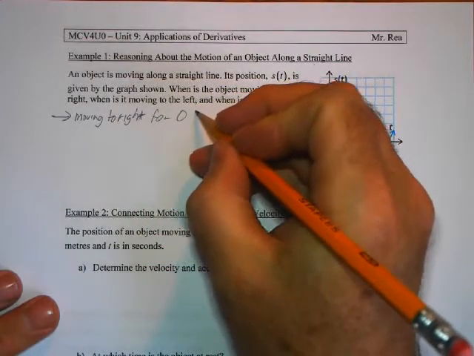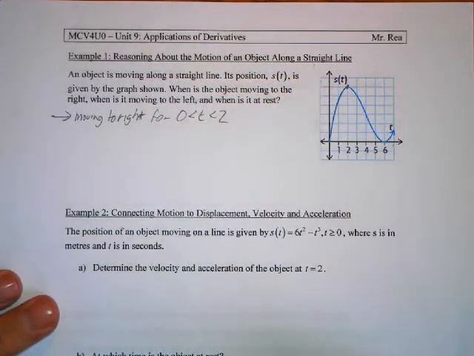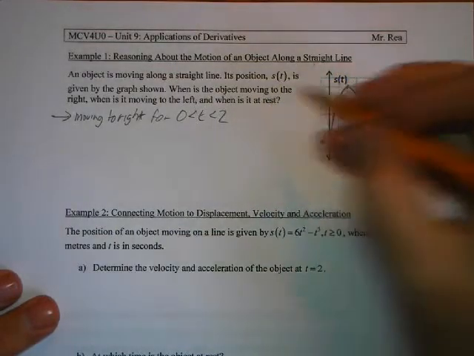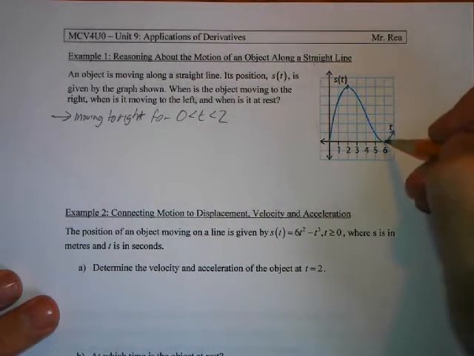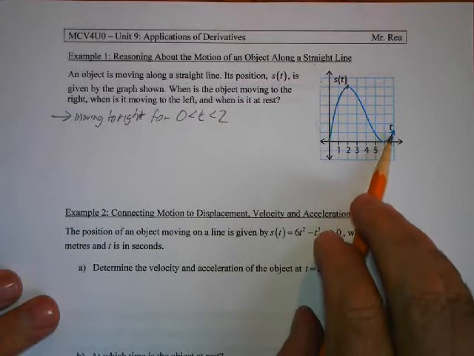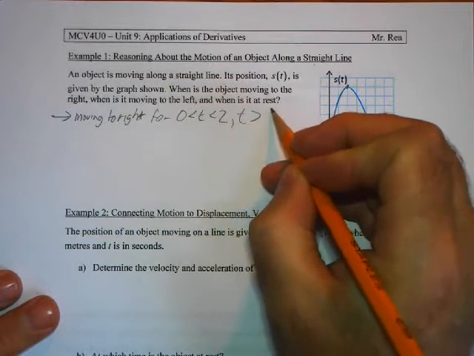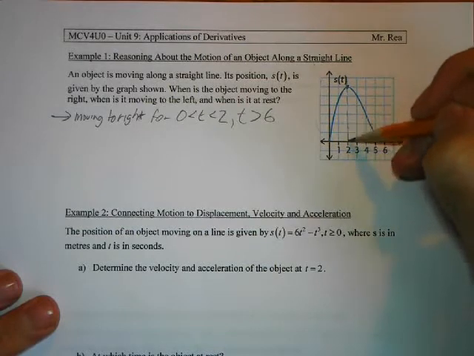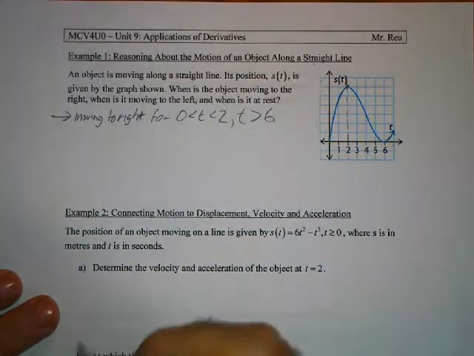And also after 6 seconds, it's also moving away, because the tangent there is positive. So we'd add on t greater than 6. From between 0 and 2 seconds and greater than 6 seconds, the object's moving to the right.